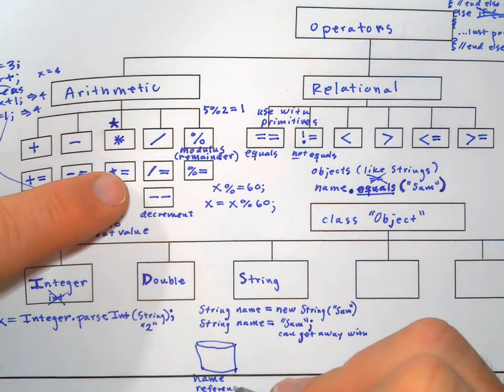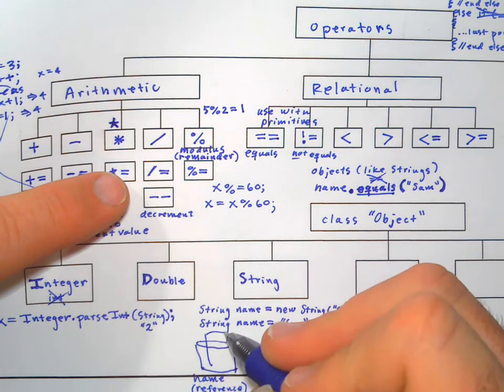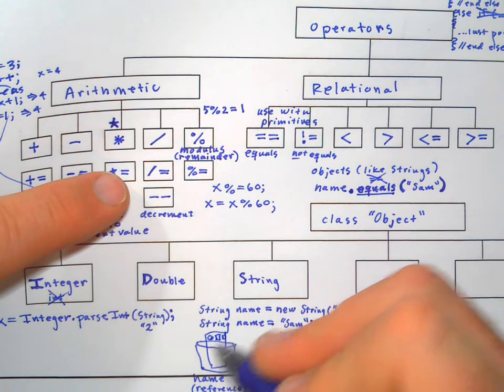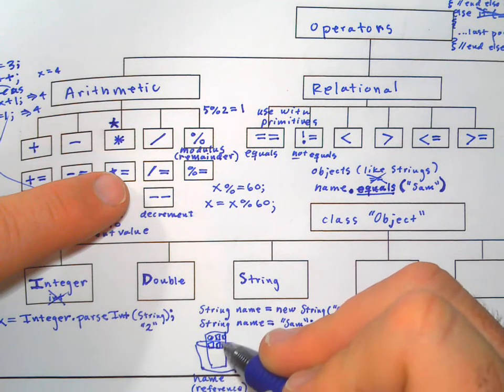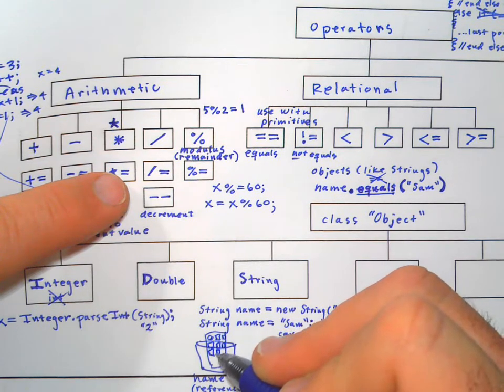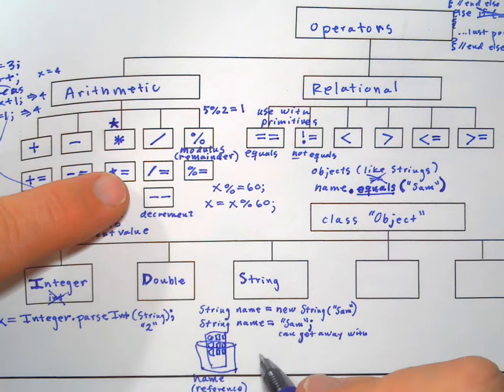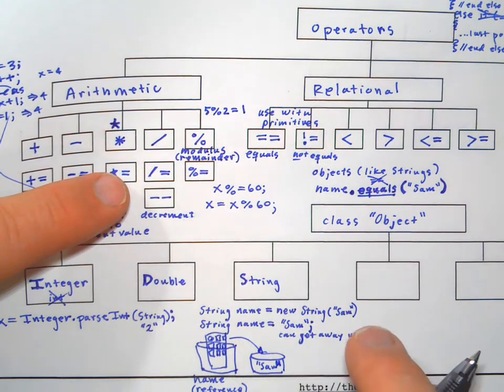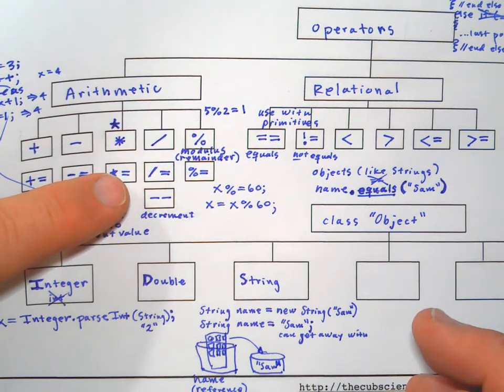It's kind of like a remote control that allows you to change values in another spot in the memory that holds the string. This will make more sense in future units.